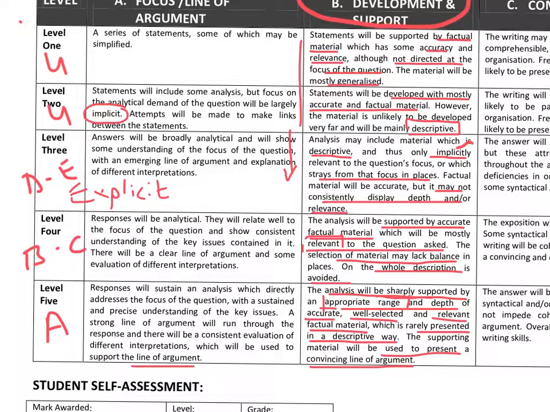At level 4, it's often the case you've got lots of relevant factual information that you're linking to your analysis, but it is much more convincing on one aspect of the question and not on the other. Whereas at level 5, you've got convincing knowledge all the way through. So for argument and counter-argument, you've got that convincing knowledge.